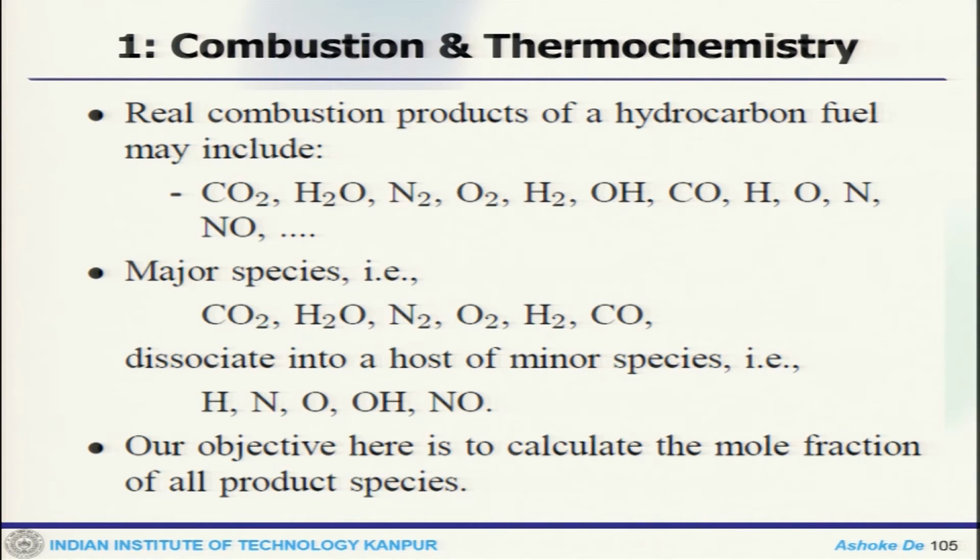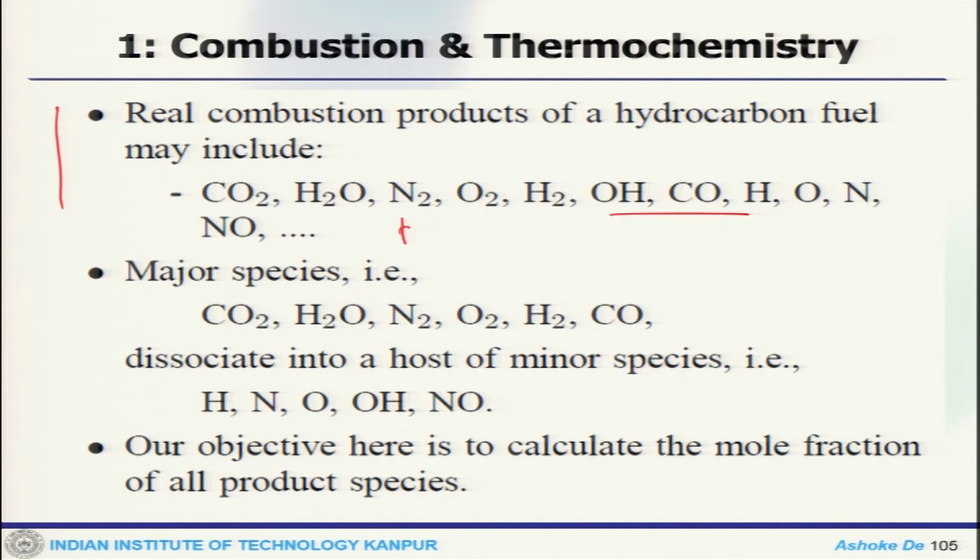Now, if you look at the list of real combustion products, there will be plenty, because any hydrocarbon reaction goes through a series of multiple reactions, and we will see that once we go to kinetics, how a particular reaction actually goes through multiple steps. So, typically you get the global products like CO2, H2O, N2, O2, H2, OH, CO, and plenty of other radicals.